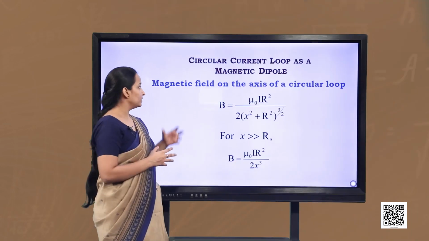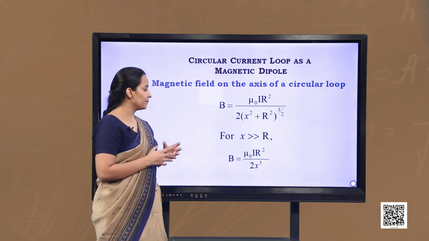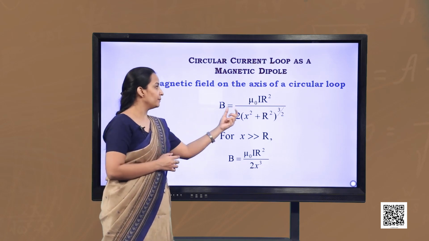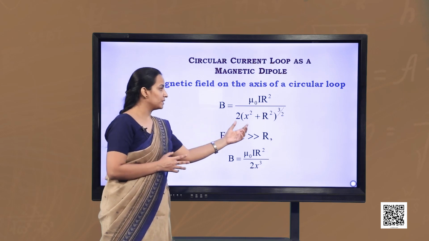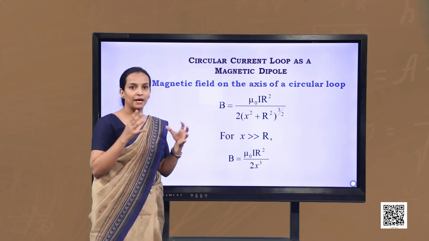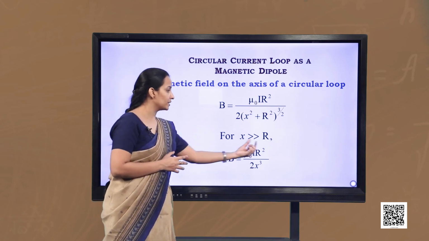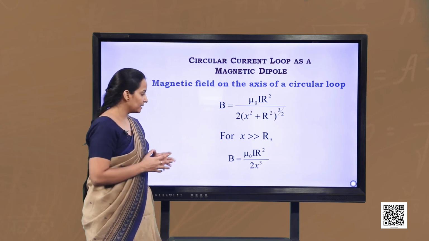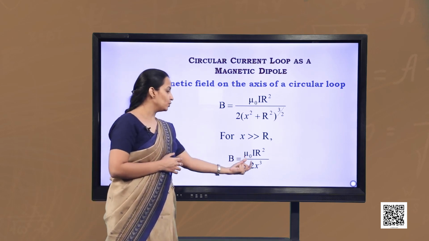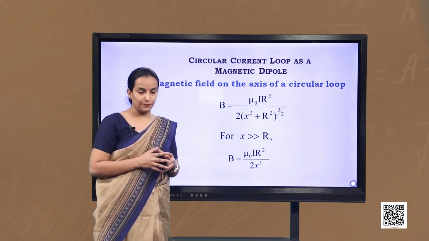We already know that the magnetic field on the axis of a circular loop is given by B equals mu naught I r square divided by 2 times (x square plus r square) raised to the power 3 by 2. If x is very large compared to the radius of the loop, then r can be neglected, and we have the magnetic field as mu naught I r square divided by 2x cube.